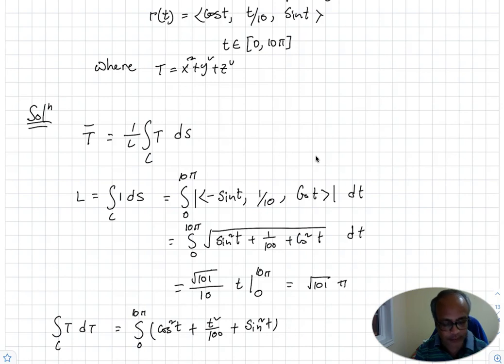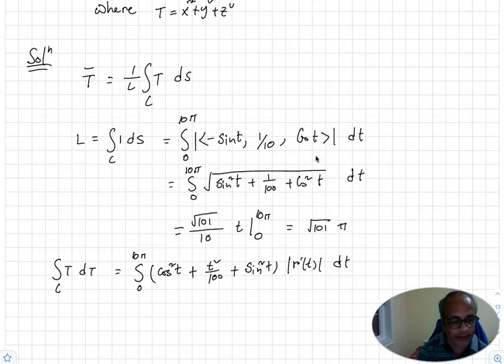Just to be clever, I will write r prime t, and because r prime t has already been calculated when I calculated the length, I don't need to repeat that calculation.